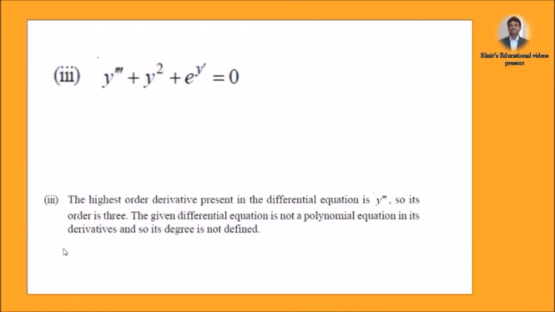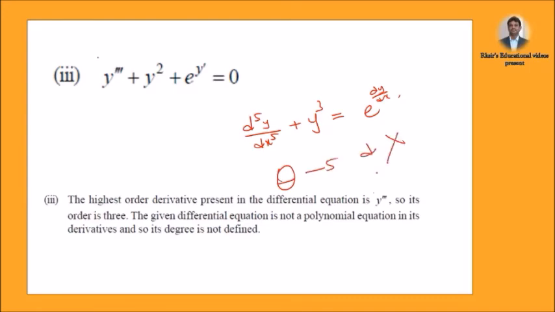Now one more example I will give you: d fifth y by dx fifth plus y cube is equal to e power dy by dx. Now the order is 5.